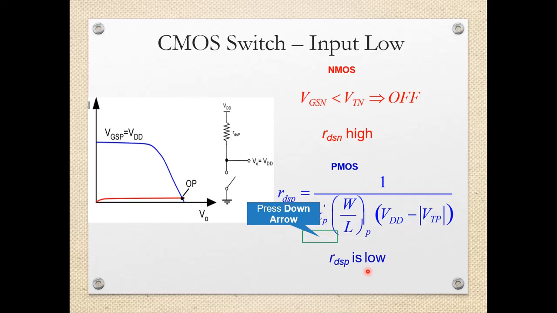When the device is on, the resistance across this device will be equal to RDSP. This indicates the resistance between drain and source of the PMOSFET. This is the equivalent circuit, and as the switch connected to ground is open, the output will be equal to VDD.